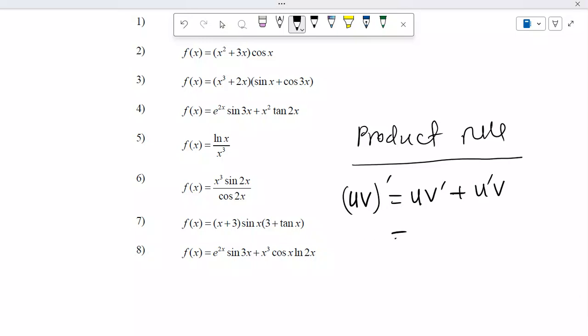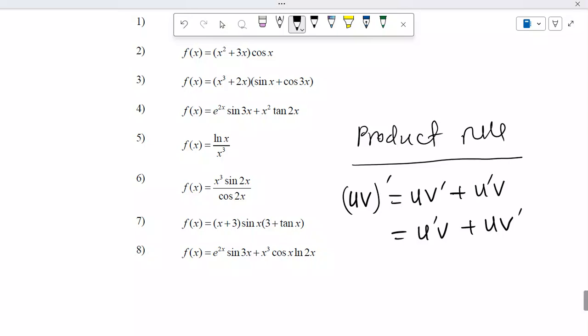So it's the same as u prime, then you keep v constant, plus u. The one you differentiate here, this time you are not differentiating it. The one which you didn't differentiate here, this side you are differentiating. So it's just picking u and v, differentiating v, differentiating u, then applying the formula.